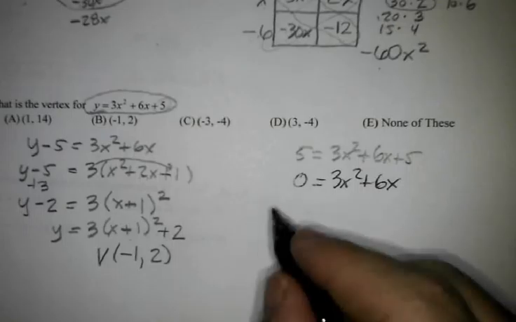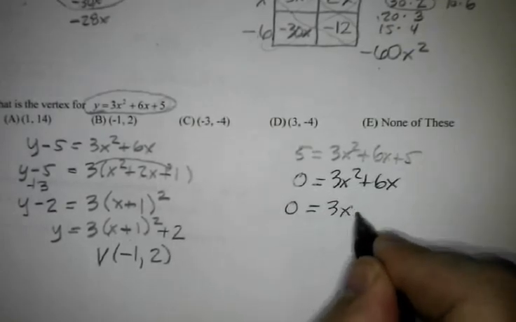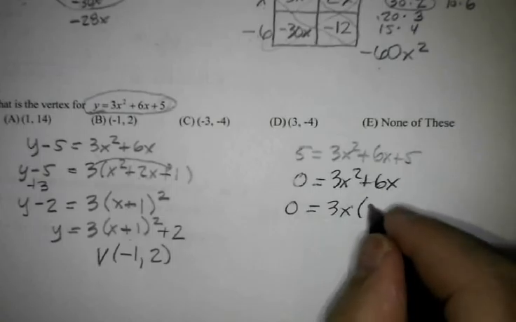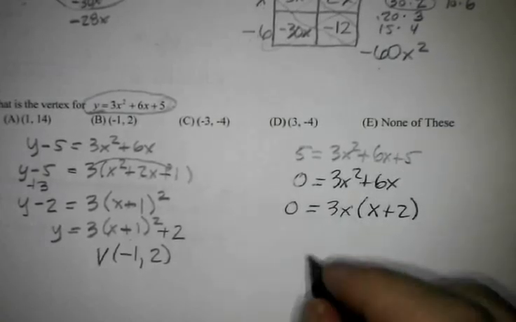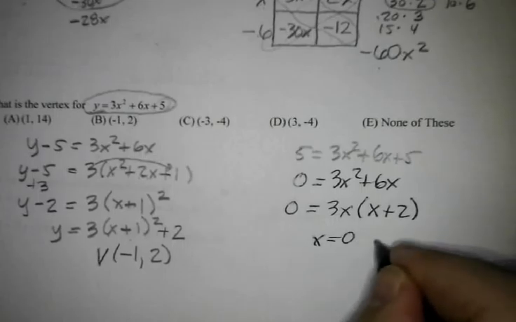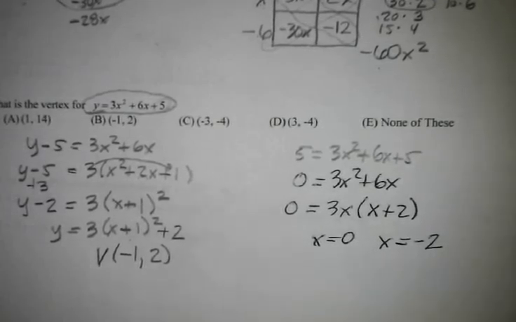Then I'm going to factor this. In common, we have a 3 and we have an x. Left hand side was x plus 2. If I solve this, I get x equals 0 and x equals negative 2.